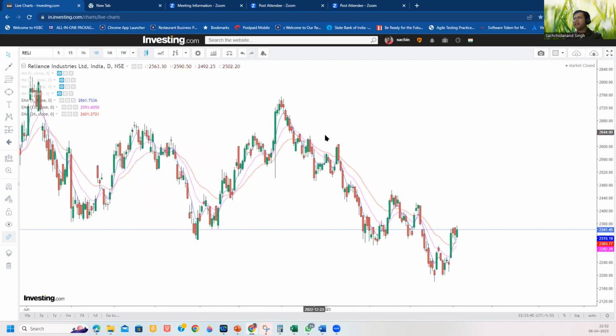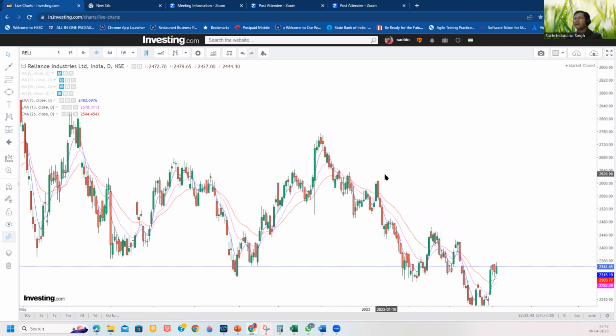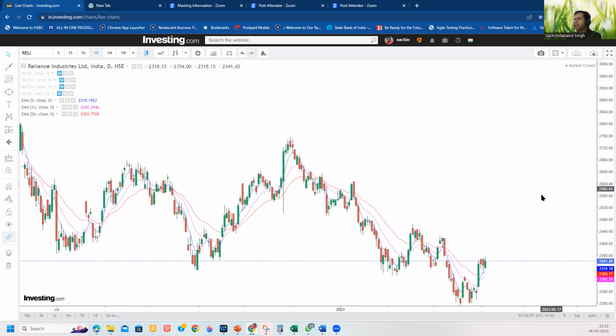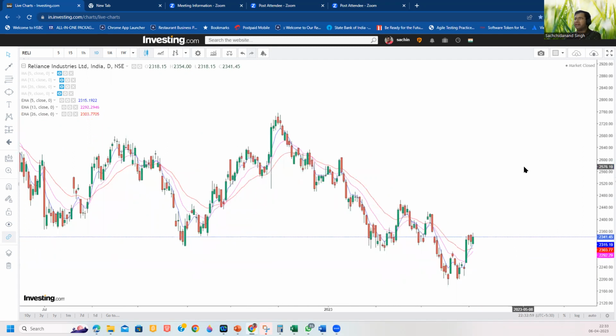Short entry means that even if you don't have the stock, you can sell the stock at this level. You can sell the stock directly, or you can sell the future of that stock. We are going to learn in level 3 that there is a futures option also available. That is one big way of making money in the stock market.